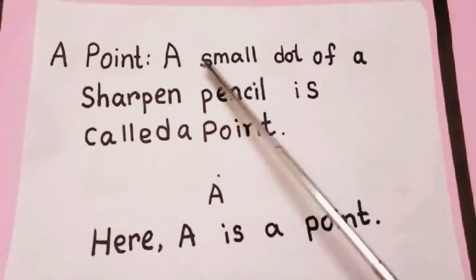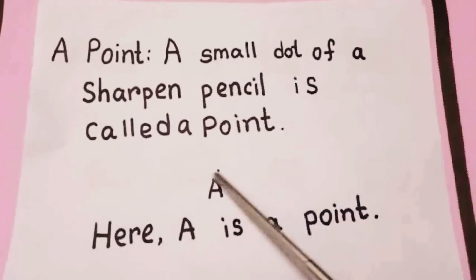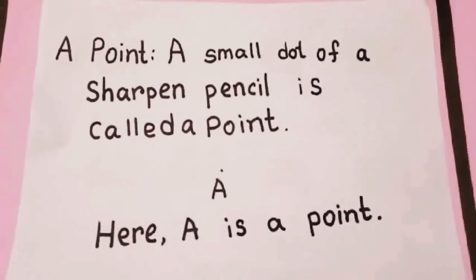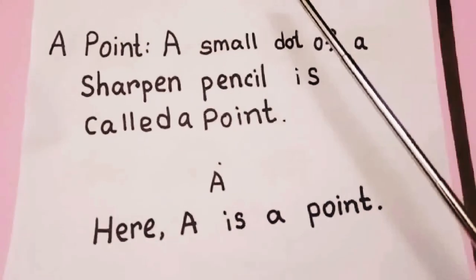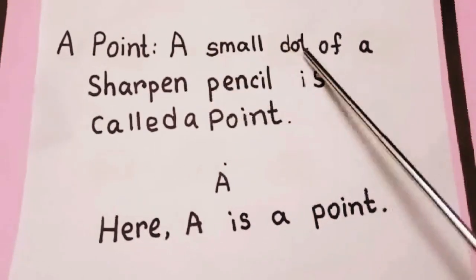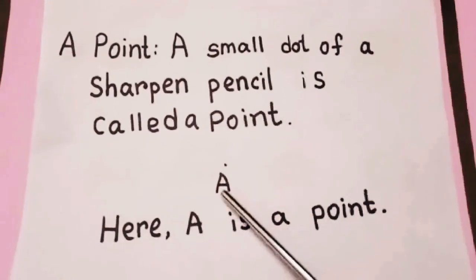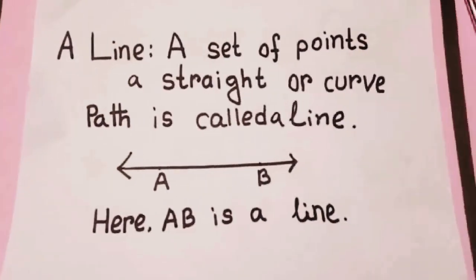Now what is a point? A small dot of a sharpened pencil is called a point. Here A is a point. If the question is like that, draw and define a point, you have to write the definition first and then draw a point. Next, what is a line?